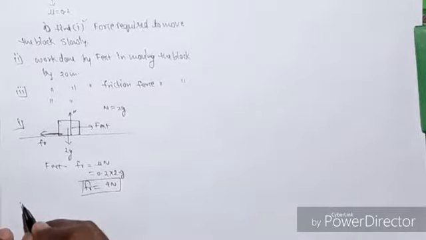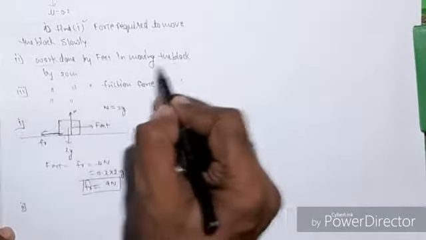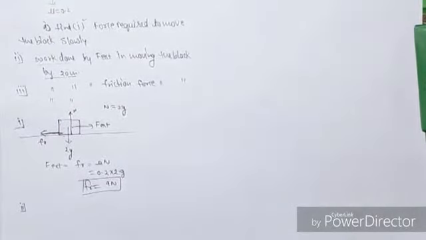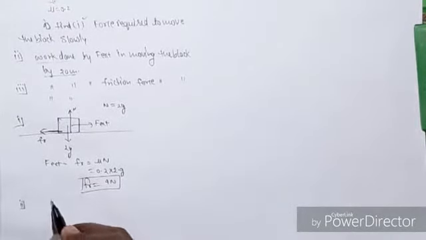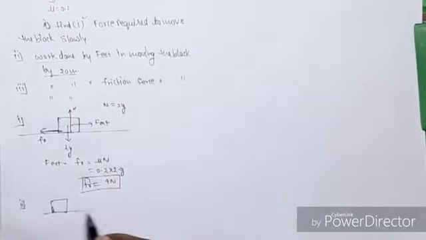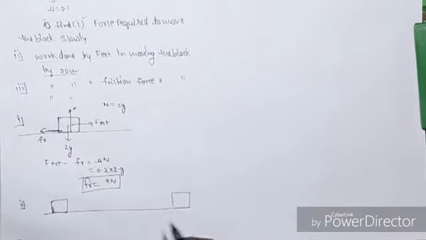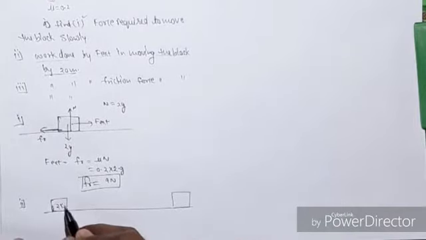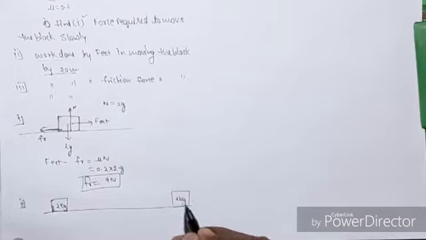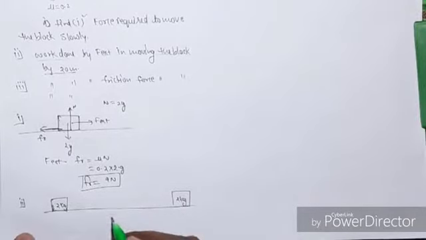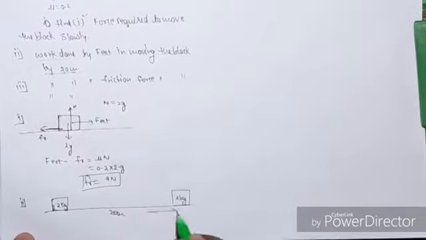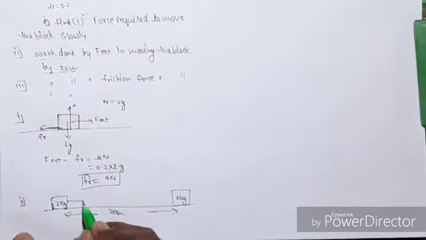For question number 2, the work done by F external in moving the block by 20 meter. If we consider this is the situation initially and this is the situation finally, this is the 2 kg block and it moves by 20 meter due to this force in the horizontal direction.